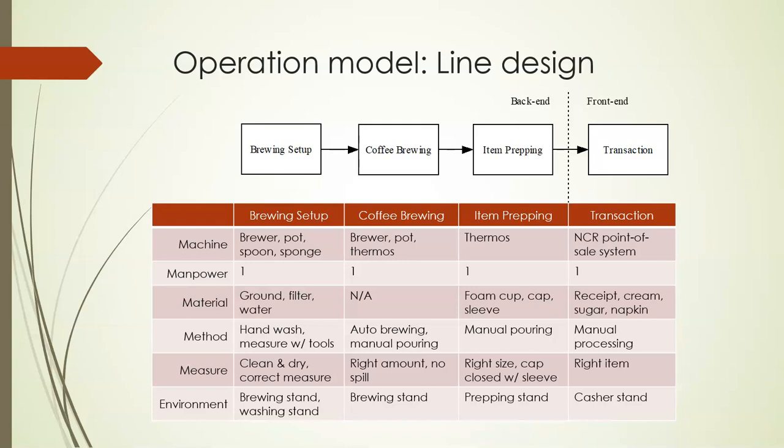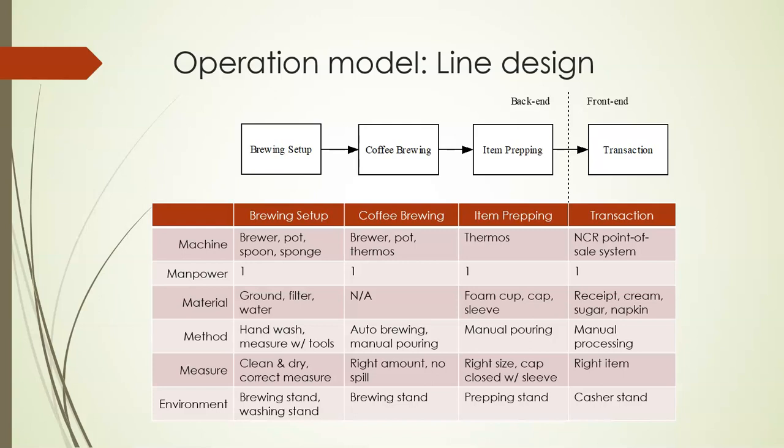Coffee brewing includes brewing the coffee and then pouring that into the thermos. Item prepping is grabbing the cup, pouring the coffee, putting on the cap, and then passing it to a customer. So if we think about that, we can have a front end and a back end.